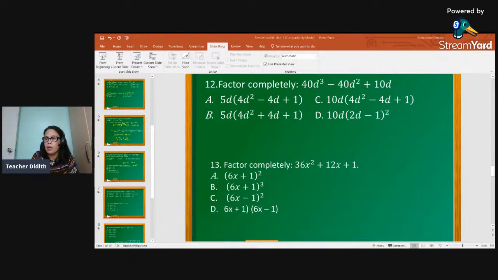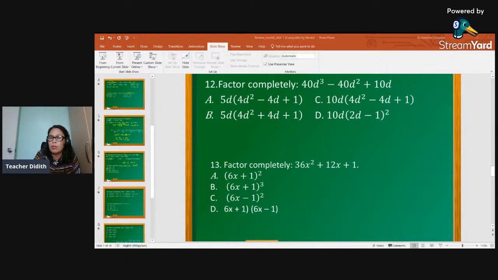Let's just verify if the answer is D, kasi the second factor here is still factorable, 'di ba? Sabi natin the instruction is you have to factor completely, so everything has to be factored out. Now, let's just find out what will be the factor as we divide each term here by 10d.